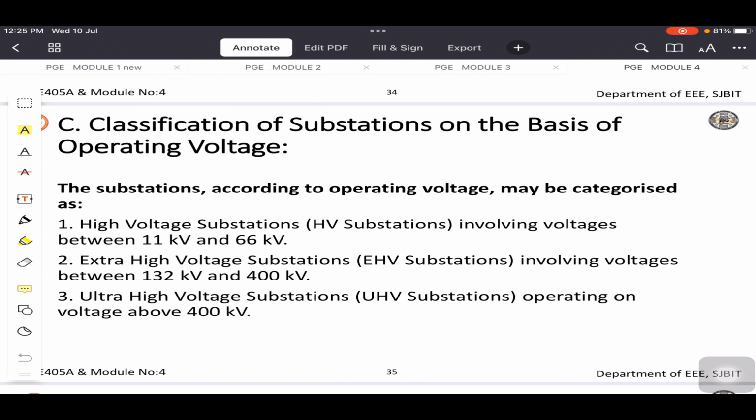Here the voltages will be between 132 kV and 400 kV. And the third one, ultra high voltage substations, we also call them UHV substations. They will be operating on voltages above 400 kV. So you can see here high voltage 11 to 66, EHV, that is extra high voltage, 132 to 400, and more than 400 is called ultra high voltage substations.